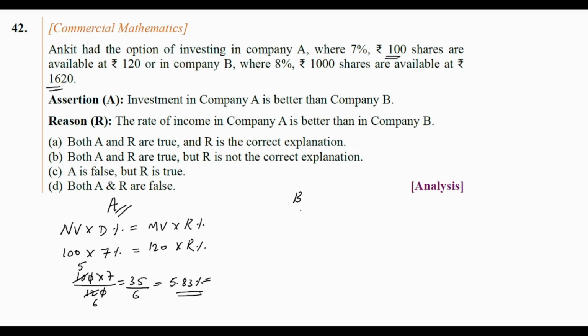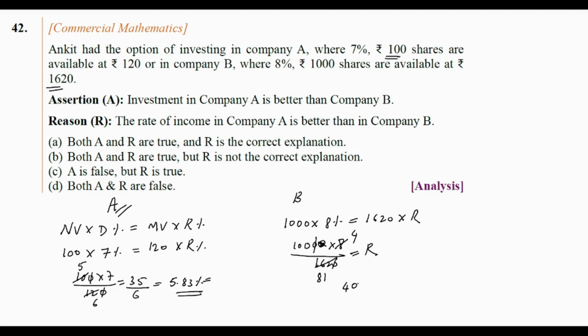In company B, where 8% 1000 rupee shares, in the sense nominal value is 1000, it is giving the 8% dividend, which are available at 1620 as the market value, and return percent I need to calculate. So I get 1000 into 8 divided by 1620 is equal to R. This will get cancelled. Then later you can cancel with 4 or 2, then 2 4s.